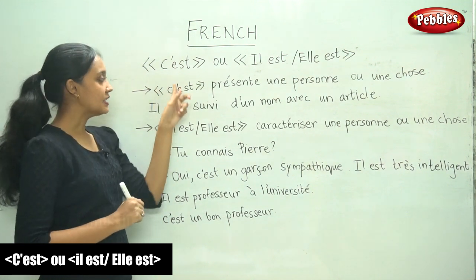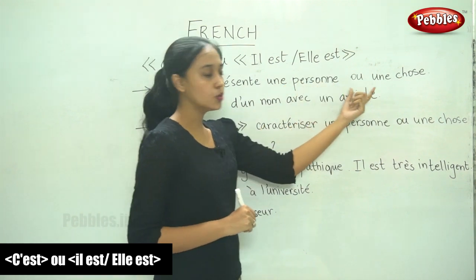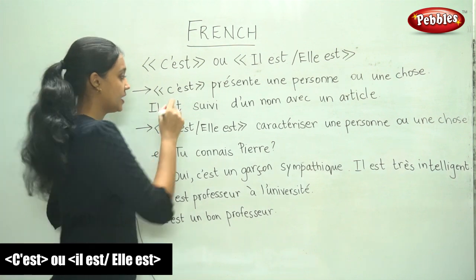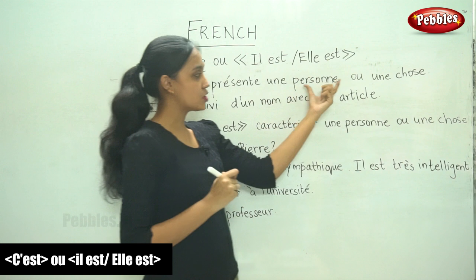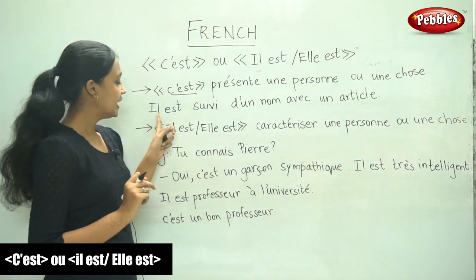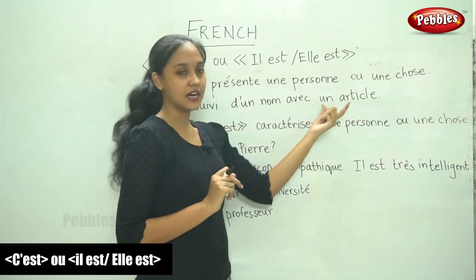So the first one, c'est présente une personne ou une chose. So the word c'est is used to present une personne ou une chose, a person or a place. Il est suivi d'un nom avec un article.